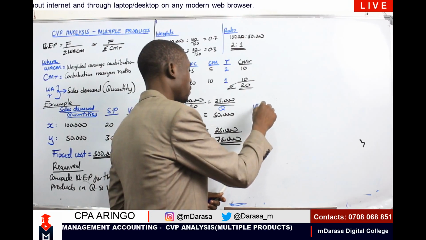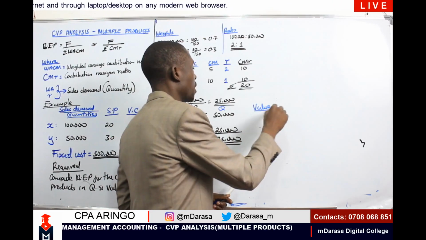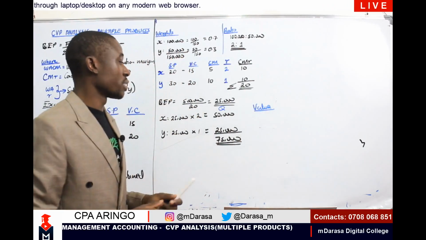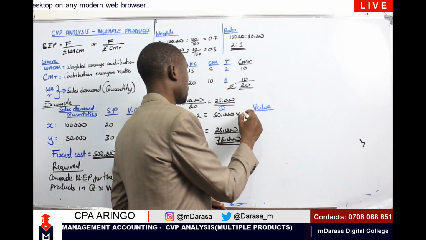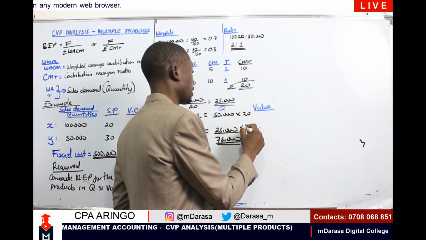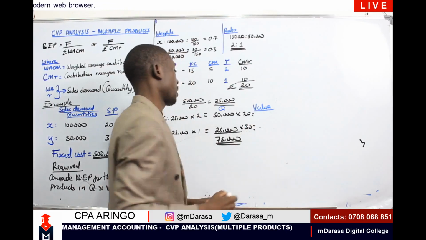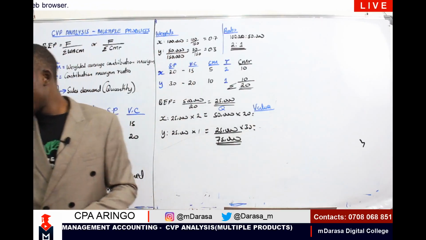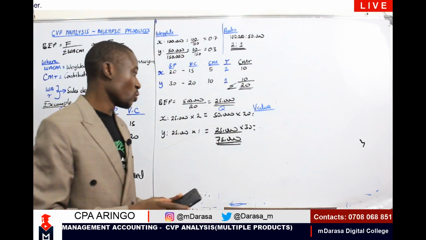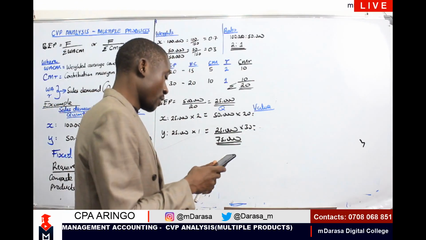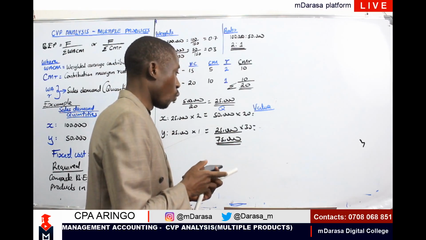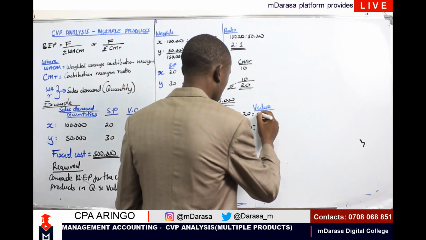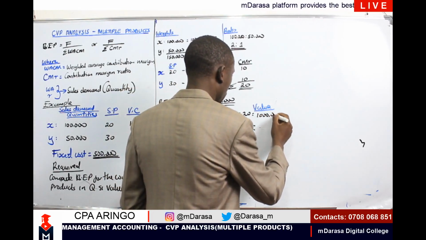What about in value? The same concept, I'm going to integrate our selling price per unit by 20 and by 30. So therefore, on this case, we should be talking of 50,000 by 20 to give me a figure of 1 million.